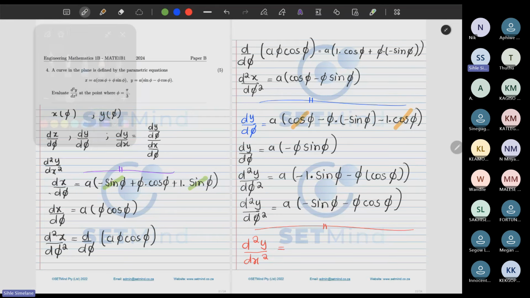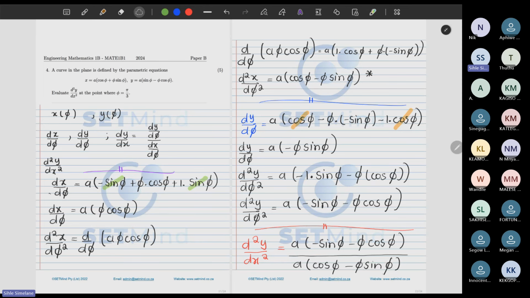So if you look at the division between the two, what you should have is a into negative sine minus our angle cos of our angle. And this should be divided by this one, what we got here for the second derivative of x, which is a into cos our angle minus sine of our angle.